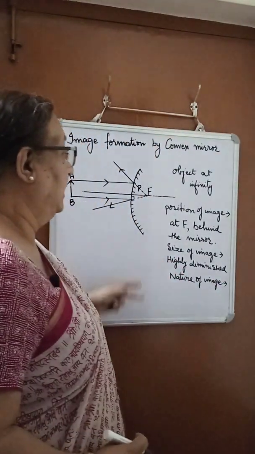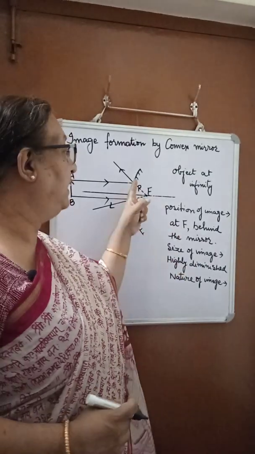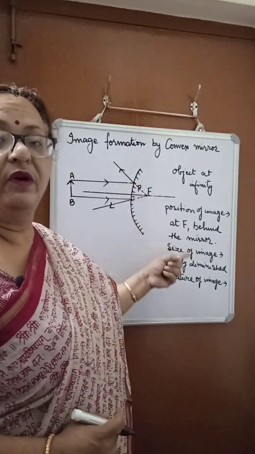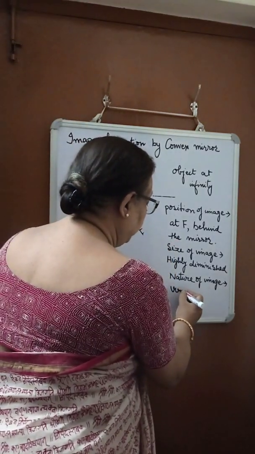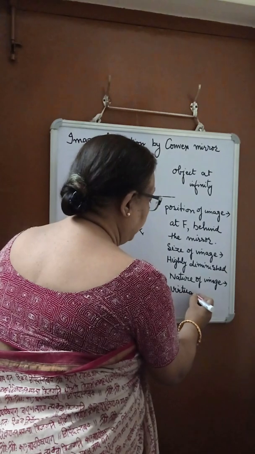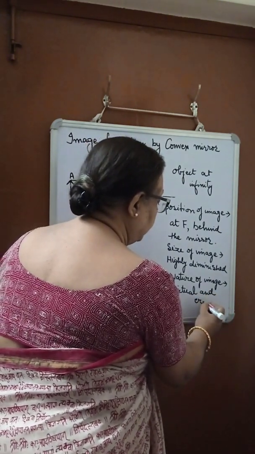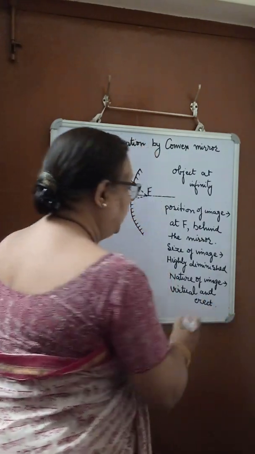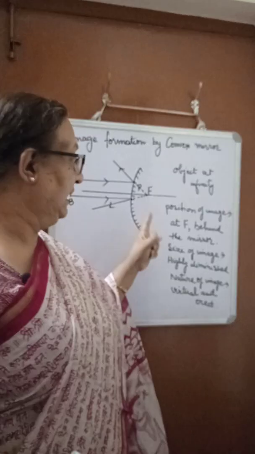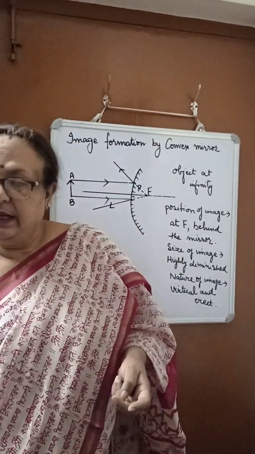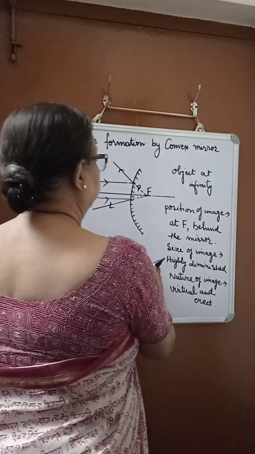The reflected rays are not actually meeting. They are meeting only when they are produced backwards. So what will be the nature? It will be virtual. And virtual images are erect. So the nature of the image will be virtual and erect. Clear? And next we have another position of the object.